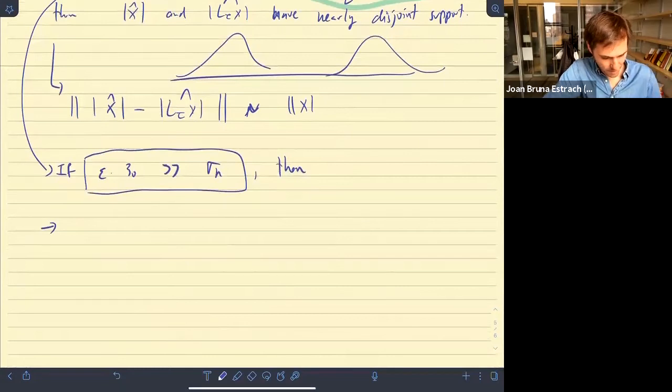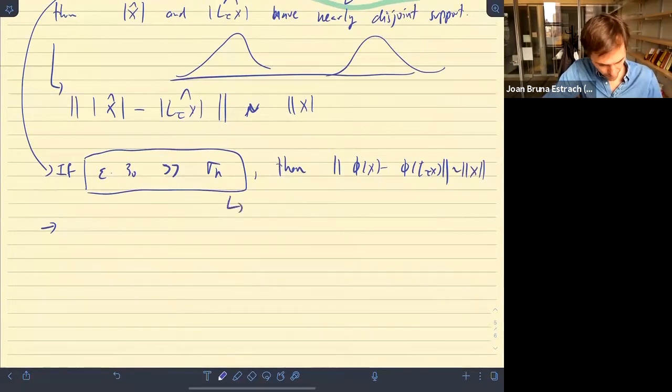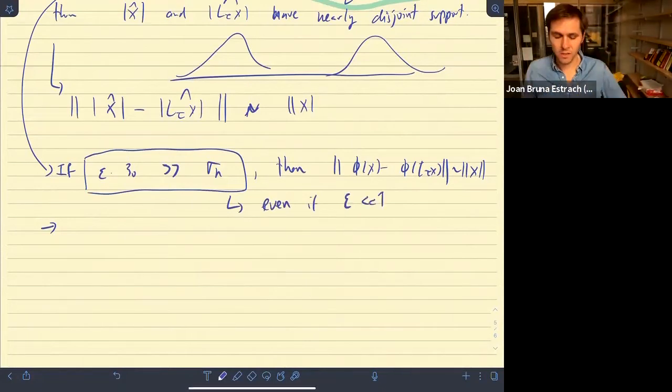If this happens, then the difference between phi of x minus phi of delta of x is of the order of x, right? So even if epsilon is very, very small, there's no stability.